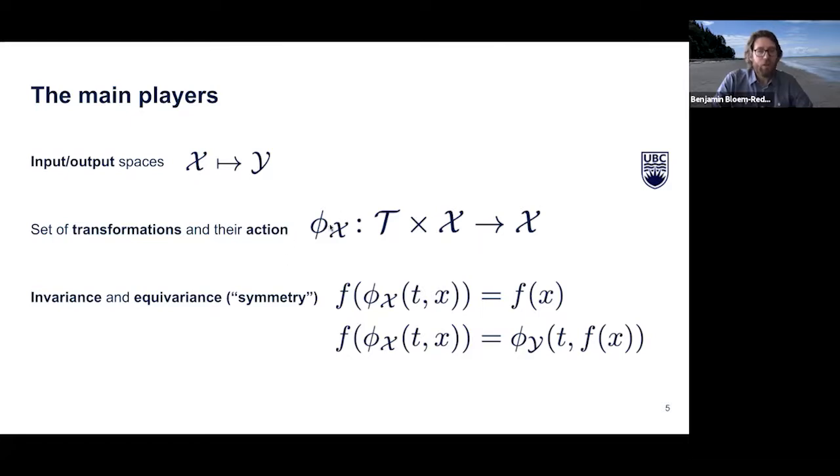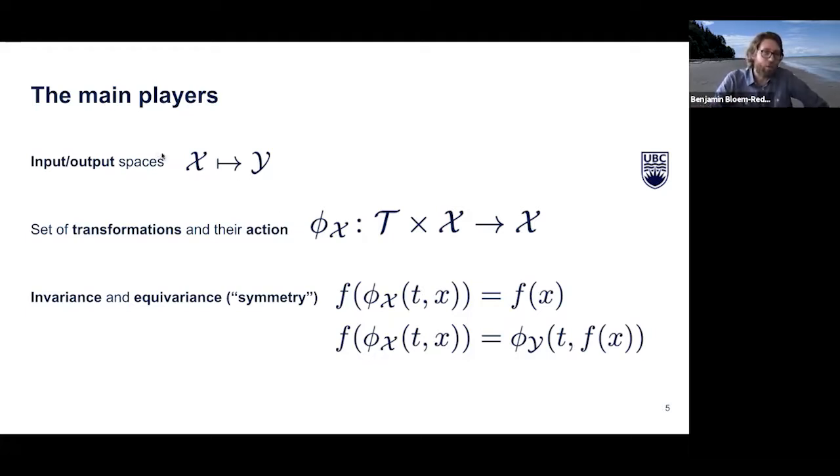Okay, so this function gets an element of the set of transformations. It gets an element of my input space, and then it returns a transformed version of that input. Okay, so in the cartoon version from the previous slide, we might have that these transformations are 2D rotations, and we apply a 2D rotation to an image, and we get another image. Okay, it's just rotated.